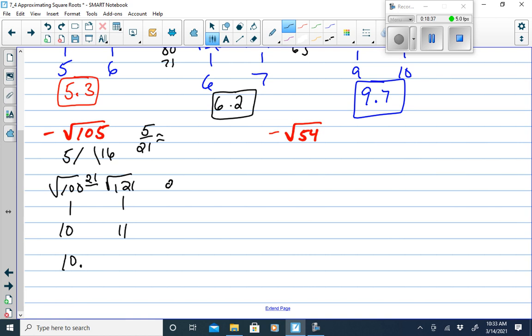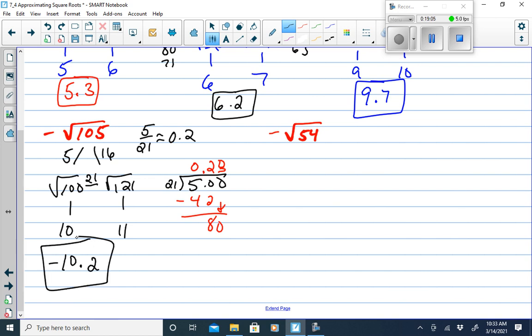So we'll do that down here, 21 into 5, long division, that's going to go 2 times, that's 42. Subtract to get 8, bring down the 0, that's going to be approximately 4 times. It's 3, but it's close to 4, but nonetheless that's still going to be 10.2, and we want the opposite of that for this problem, so negative 10.2 would be our approximation.